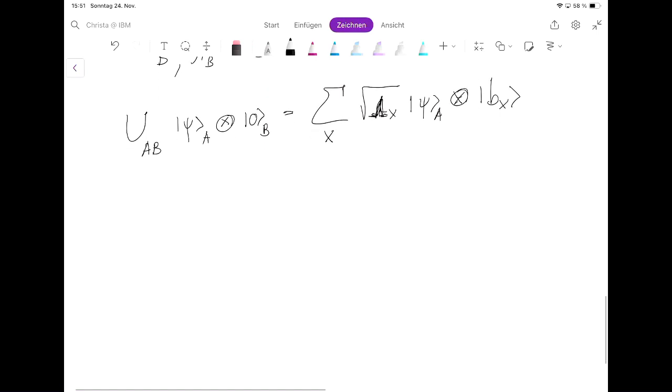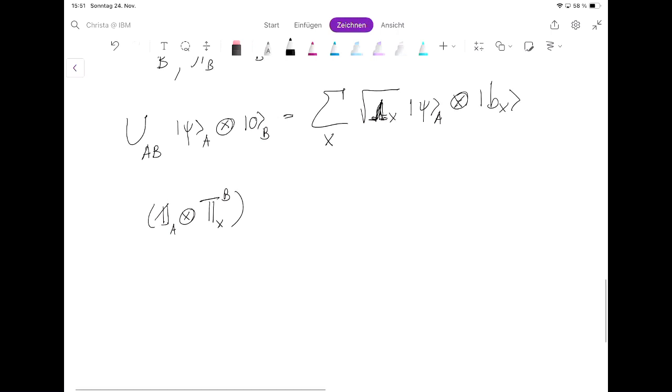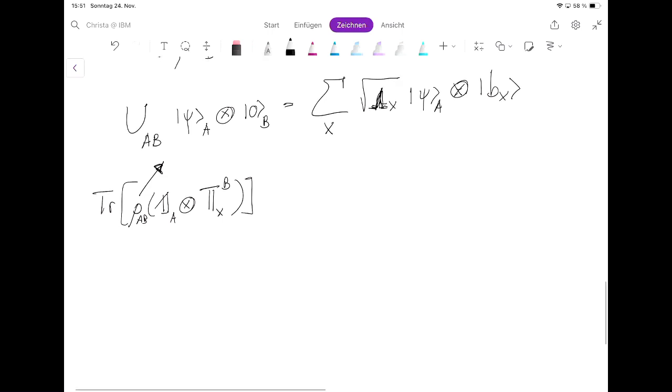And now, if I measure the projector on the combined system, so I just check the projection onto x on the subsystem B, then the probability of getting outcome x on the combined system, when for rho AB I use the state that I just defined before, you can do the math, and you will see that this becomes essentially this.